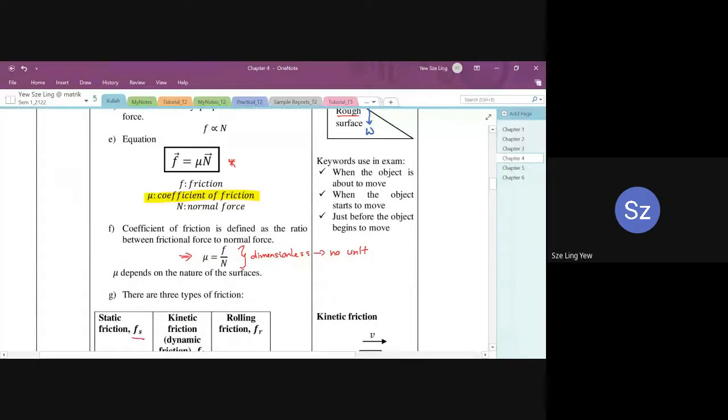Keywords used in exam. Just now it said "before it moves." Actually, there are a few more keywords that we use to identify whether it belongs to kinetic friction or static friction.